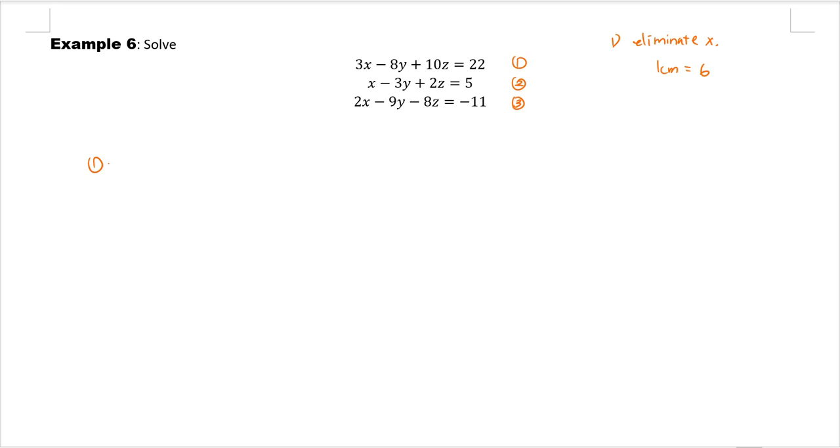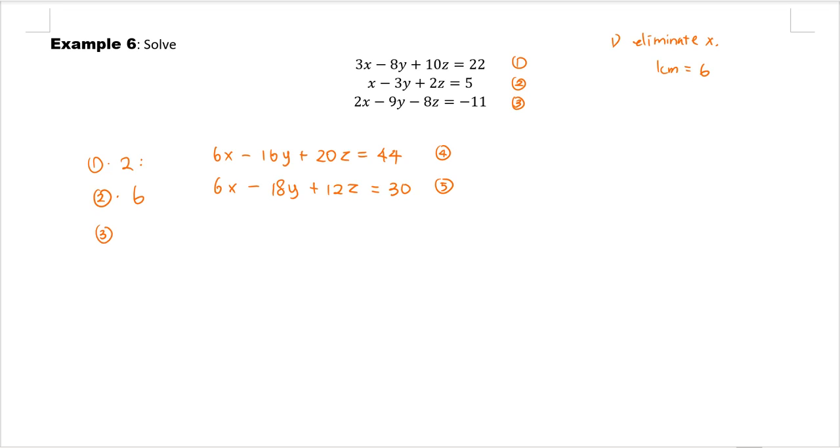First equation, we multiply by 2. 6x minus 2 times 8, 16y. 2 times 10, 20z. 2 times 22, 44. This is equation 4. Second equation, we multiply by 6. So 6x minus 6 times 3, 18. 6 times 2, 12. 6 times 5, 30.